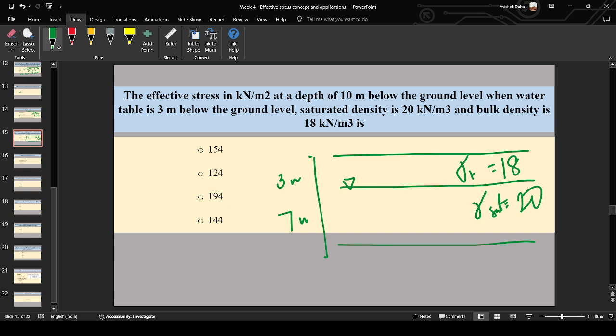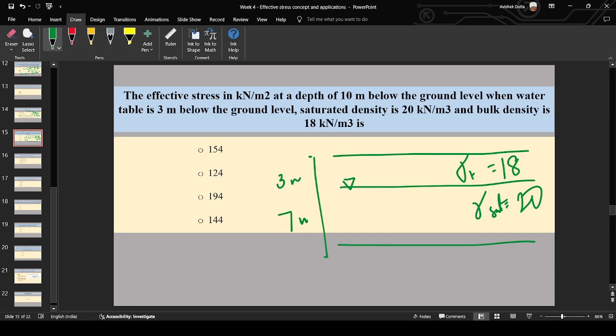So I'll just repeat. For the first 3 meter, gamma T is 18, so it will be 18 into 3. For the next 7 meter, gamma sat is given, it is below the water table, so it will be 20 minus 10, that is gamma sat minus gamma W, gamma submerged, into 7. It will give us a value of 124.